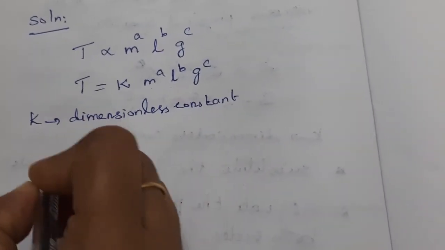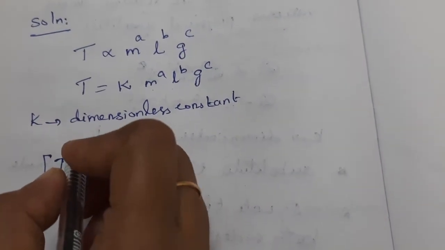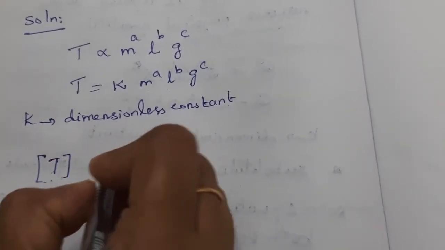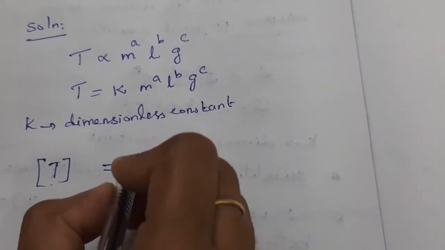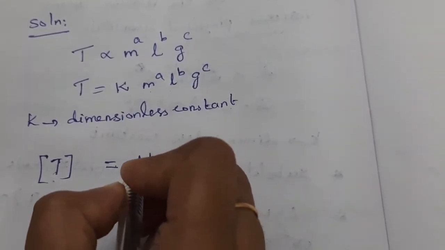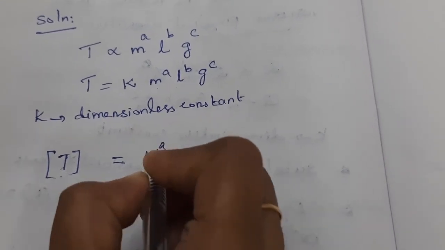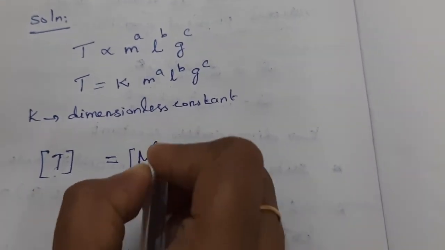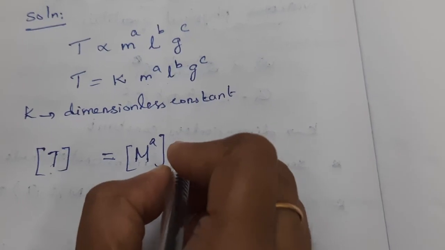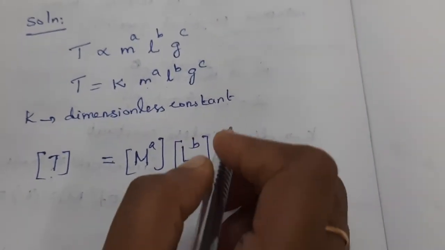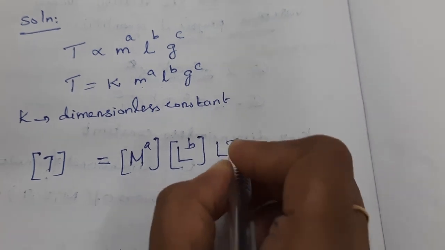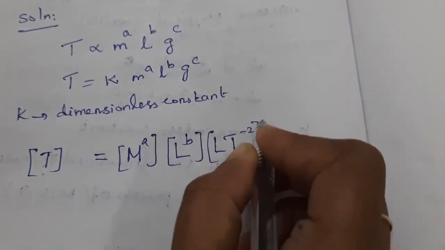For time it is T. So T equal to, k has no dimension, so no dimensional formula. For m it is capital M, so M power a. L capital L, L power b. g is L T power minus 2, the whole power c.